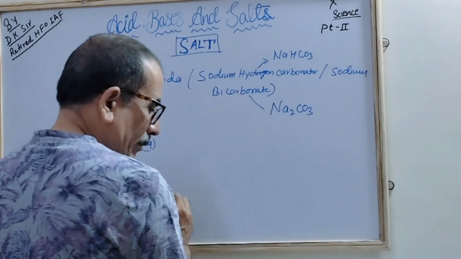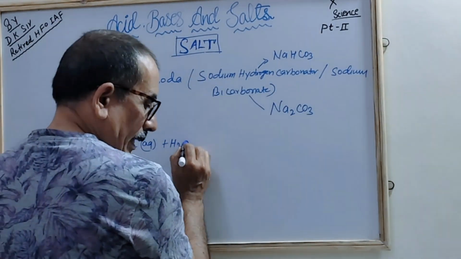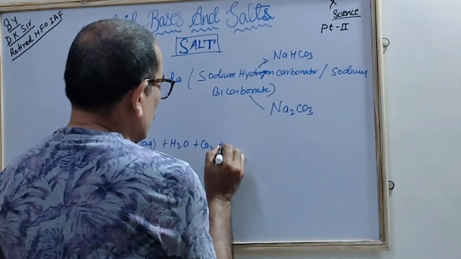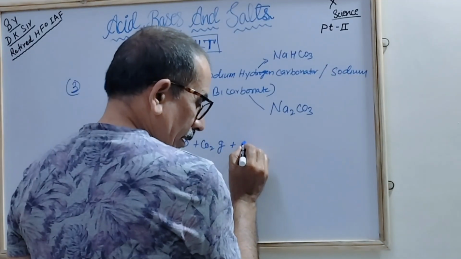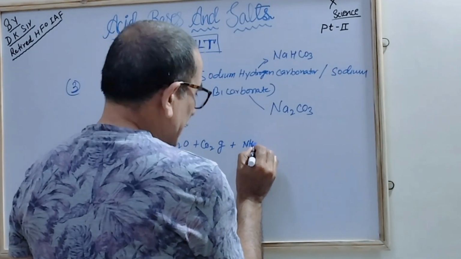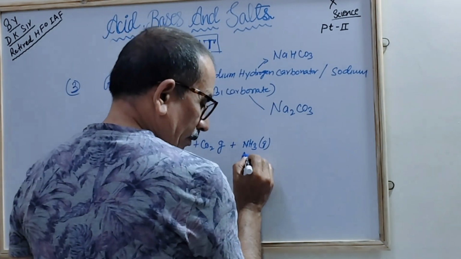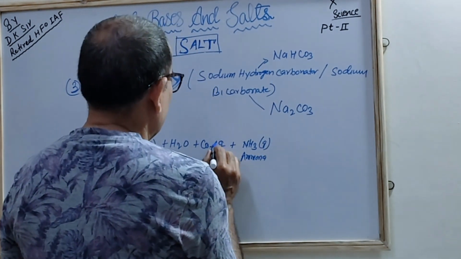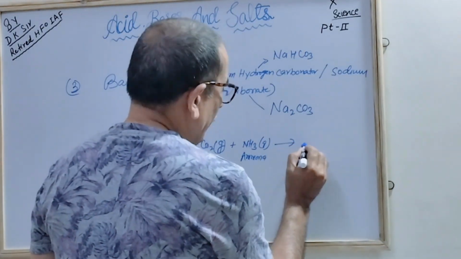And when the NaCl and H2O, we are putting in plus the CO2, the gas, plus the NH3. The NH3 is also a gas. This is ammonia, and this is carbon dioxide gas.